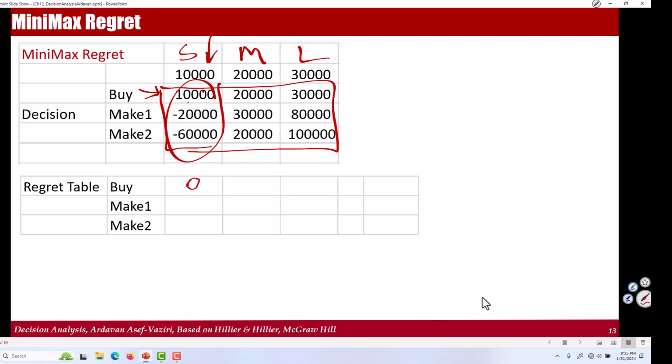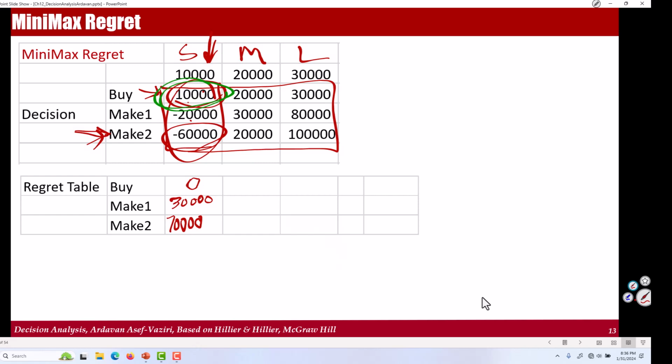For make 1, our regret is this maximum minus this one, which is 30,000. For the third alternative, if the state of nature is small and we have gone with the third alternative, we could have gone with the first alternative and made 10,000. Now we have lost 60,000. So 10,000 minus negative 60,000 is 70,000. That is our regret here.